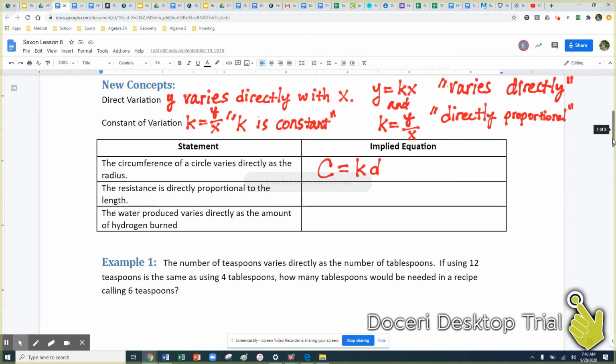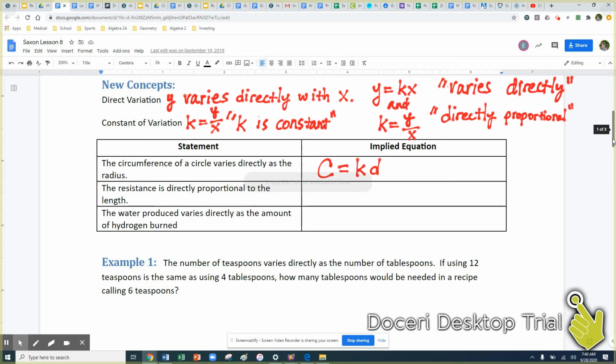What does that K represent? What number is K? What's that irrational number that we use in that circumference formula? Is it pi? It's pi. So pi is that constant number. Anytime you take the circumference, divide it by the diameter, you get a constant. You get pi every time.